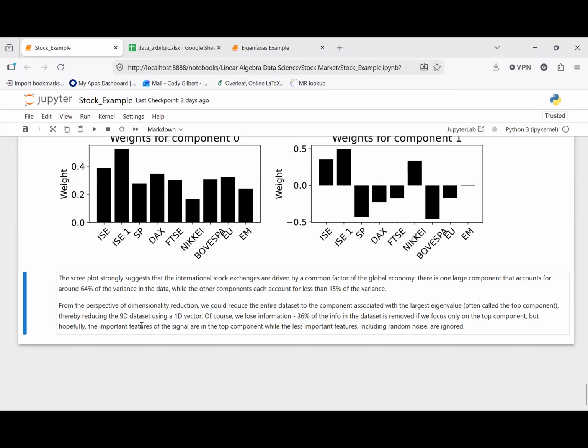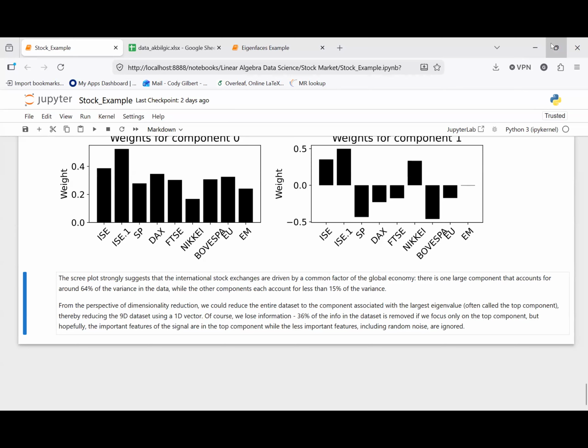But the important features are probably going to be captured within this single vector, rather than having some noise that might be misleading within the entire 9-dimensional data set. So sometimes losing pieces of the data can actually be beneficial in that you'll be ignoring random noise.